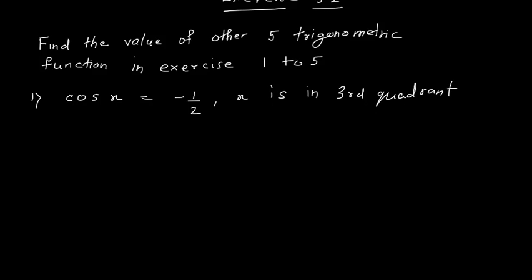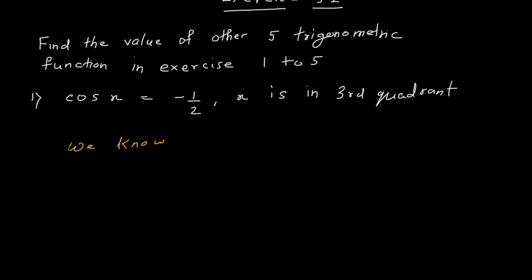To get the other trigonometric ratios, we are going to use trigonometric identities which we have learned in the previous class. What are those identities? One trigonometric identity is sin square x plus cos square x is equal to 1. As cos x is given, I will use that identity.